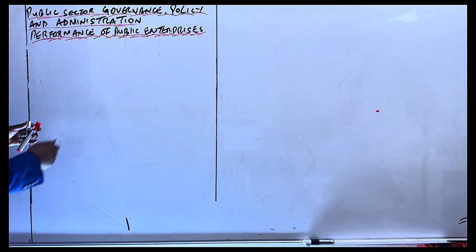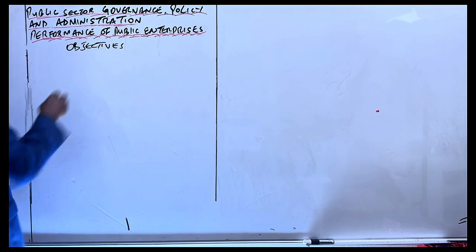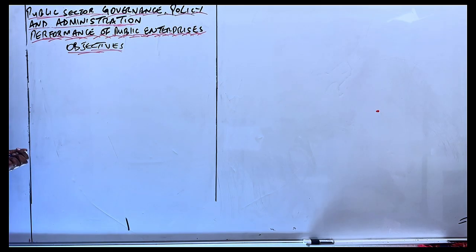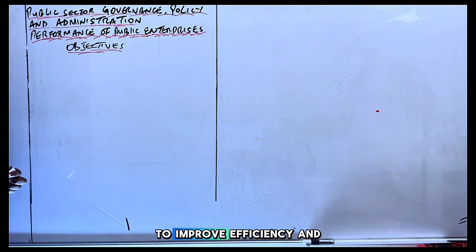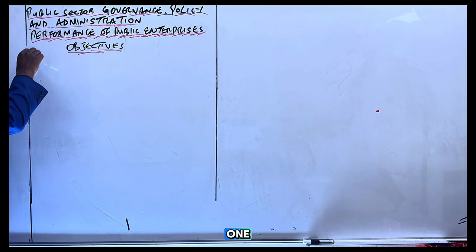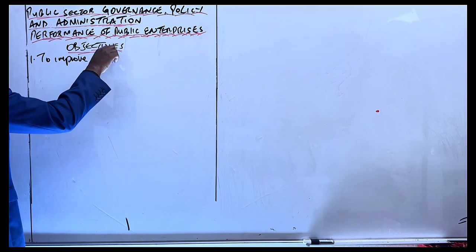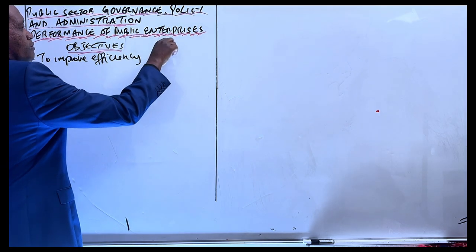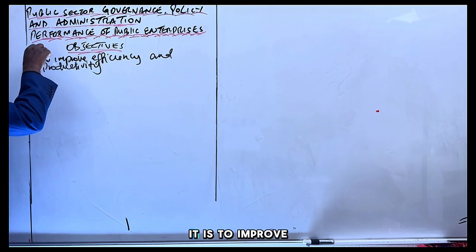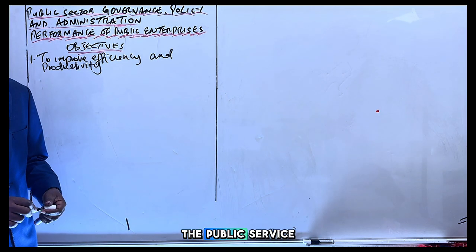Objectives of performance contracting. The first objective is to improve efficiency and productivity in the public service.